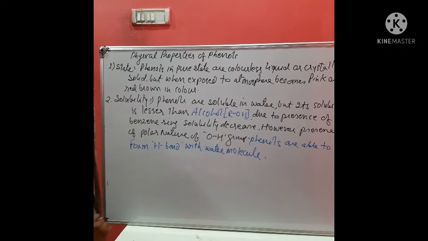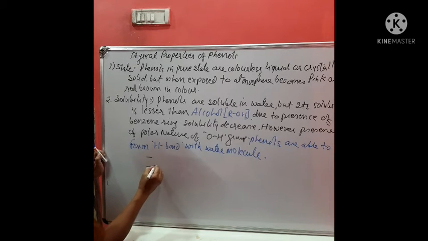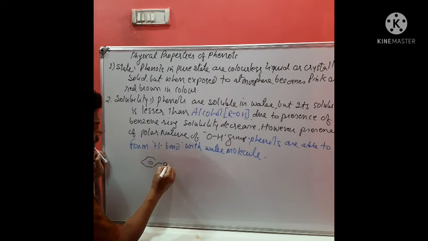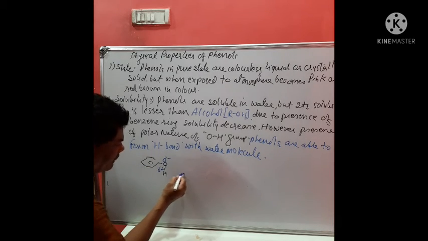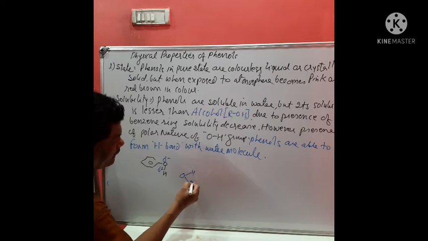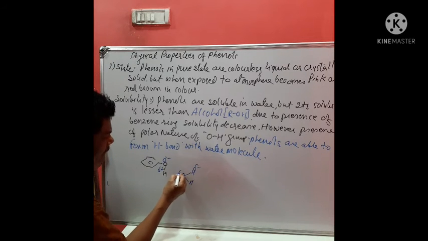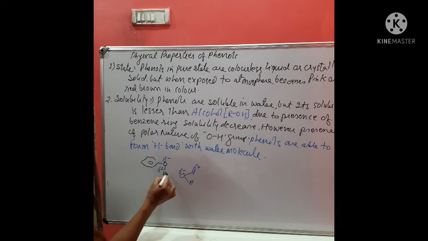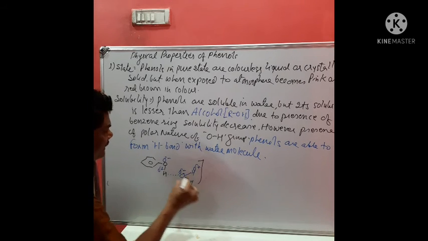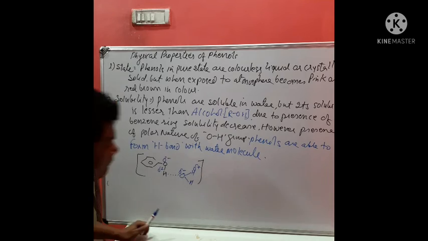Now how is it? So you know that in phenol there is O and there is H. This is fractional negative, this is fractional positive. So this is polar in nature. When it is dissolved in water, the water is also polar in nature, fractional negative and fractional positive. So now it forms a new intermolecular attraction force. This is called hydrogen bonding.